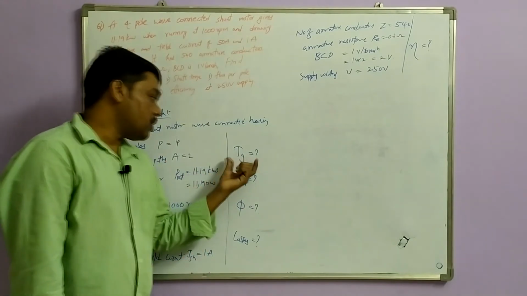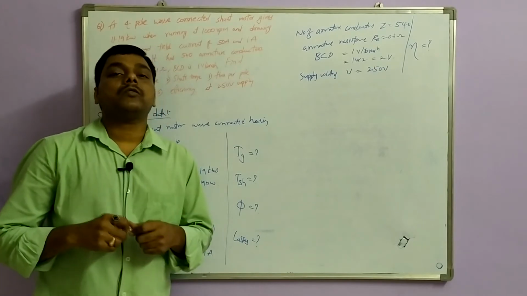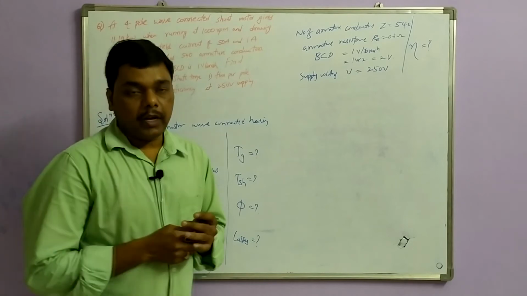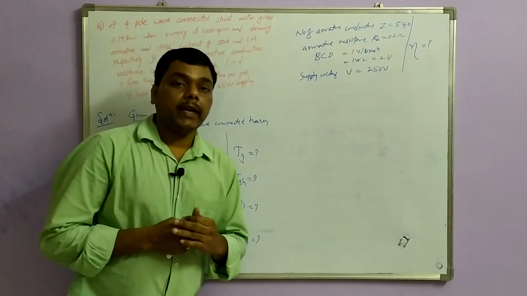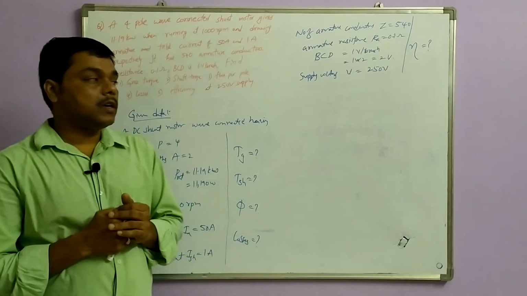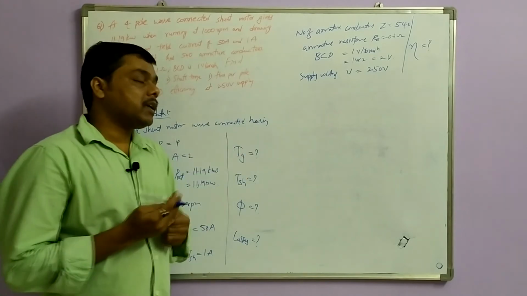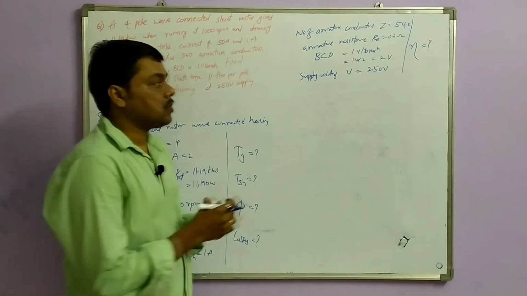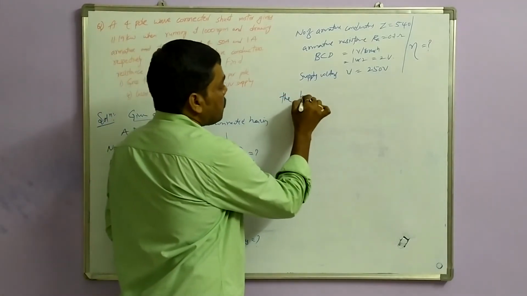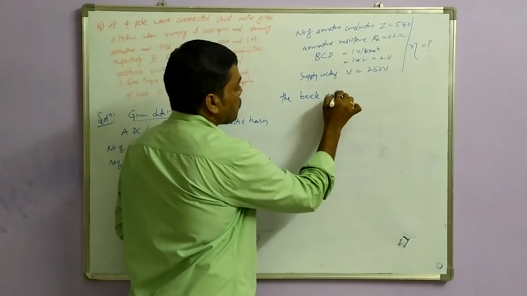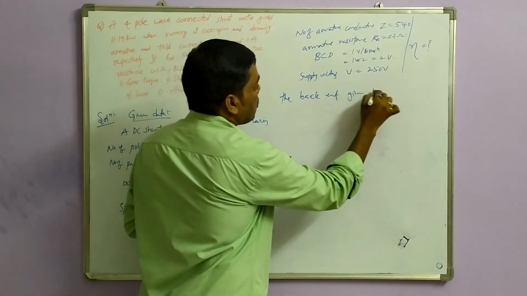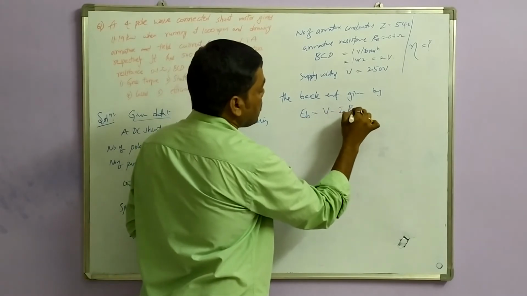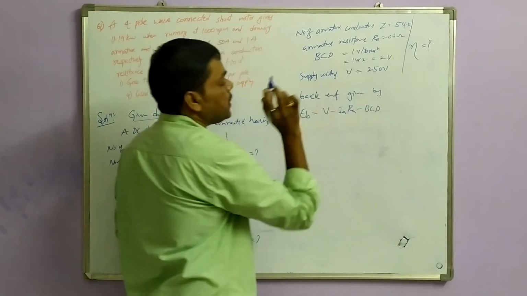First is gross torque. To calculate the gross torque, we have the flux per pole and armature current, and also the form in terms of back EMF and armature current. So we will calculate the back EMF first, then it is easy to calculate all the other parameters. The back EMF is given by EB is equal to V minus IA RA minus BCD.